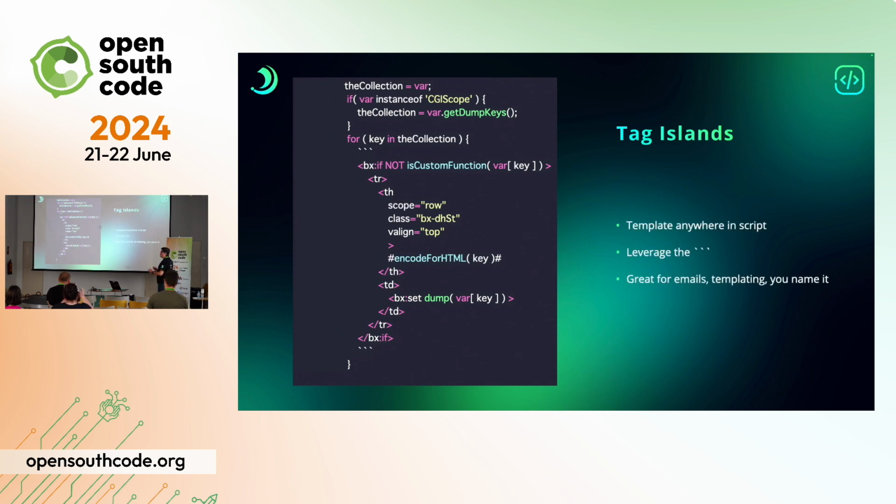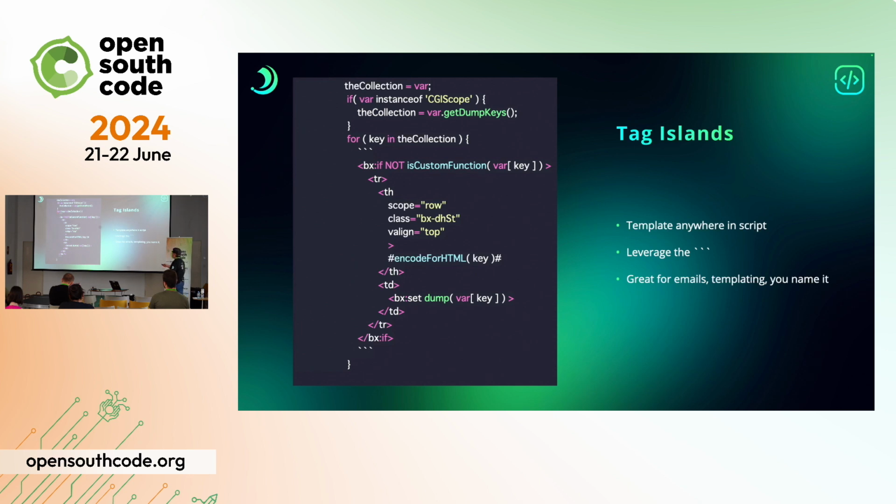But we took it a step further, and we said, okay, templating language is great, but what if I'm inside of my service and I need some type of template in order for me to send an email, for example, or an error log or whatever? So we created tag islands. Tag islands allow you to basically leverage three of these little ticks, and then when you're in script of the language, you can actually move into templating.